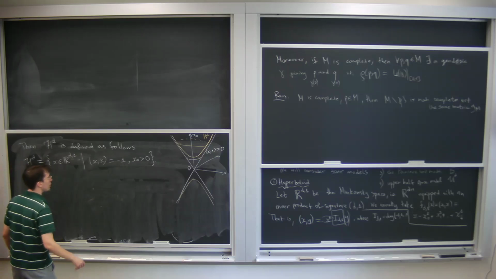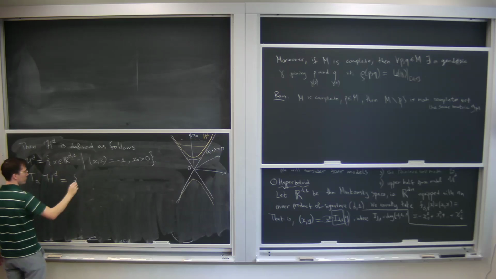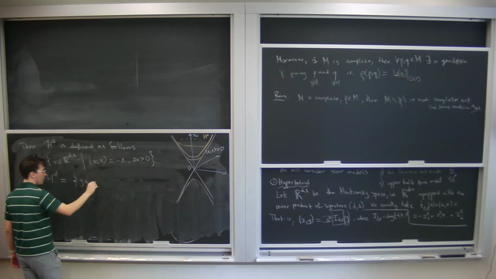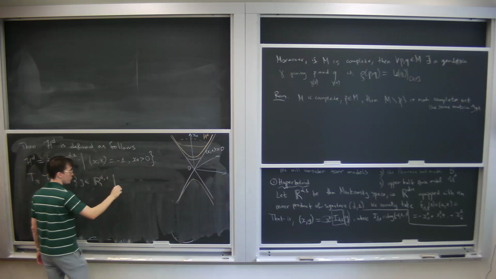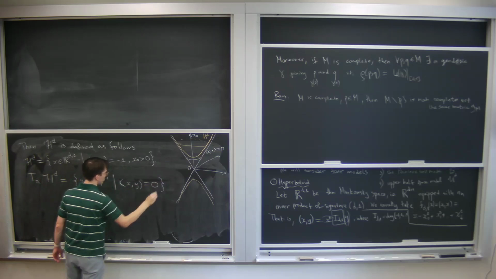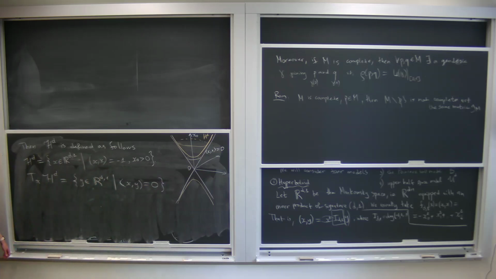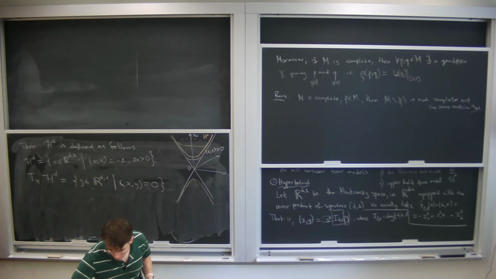Now I would like to take in fact the tangent space of HD, which is just the set of all vectors y in R^{D+1}, right, such that the scalar product of x and y is 0. And in fact, it's already enough to define the metric.